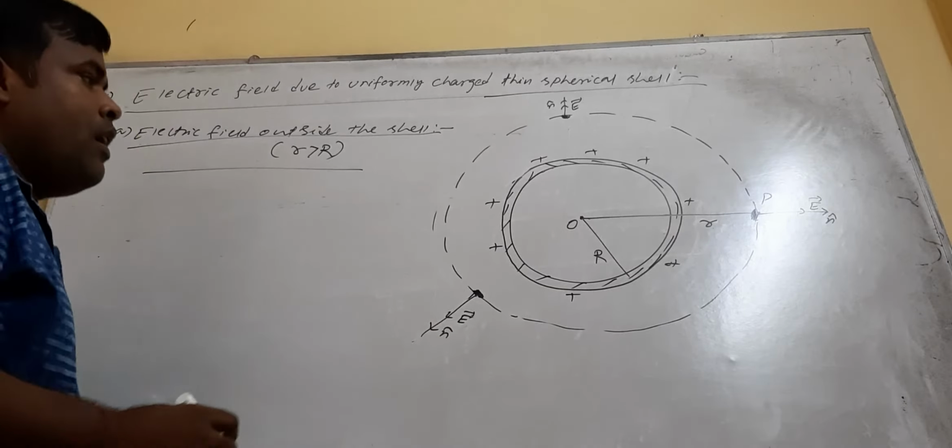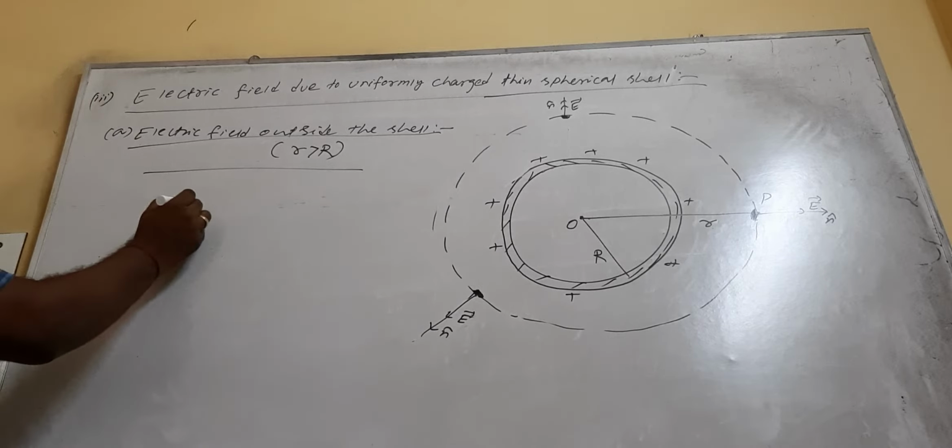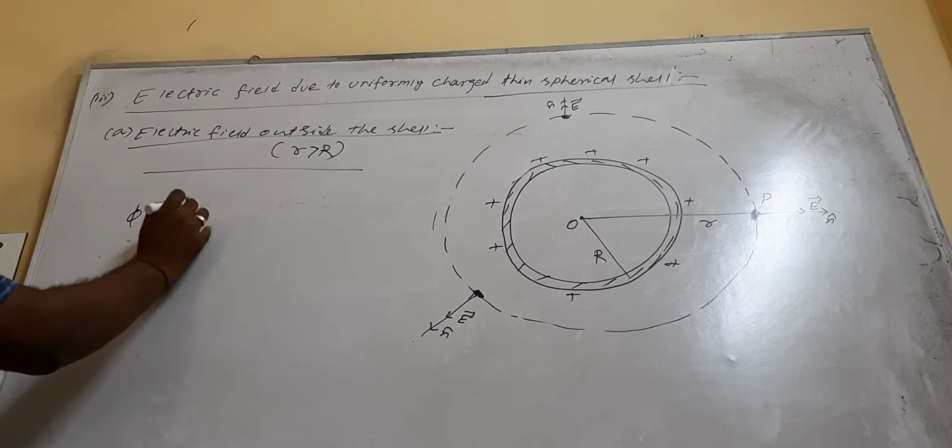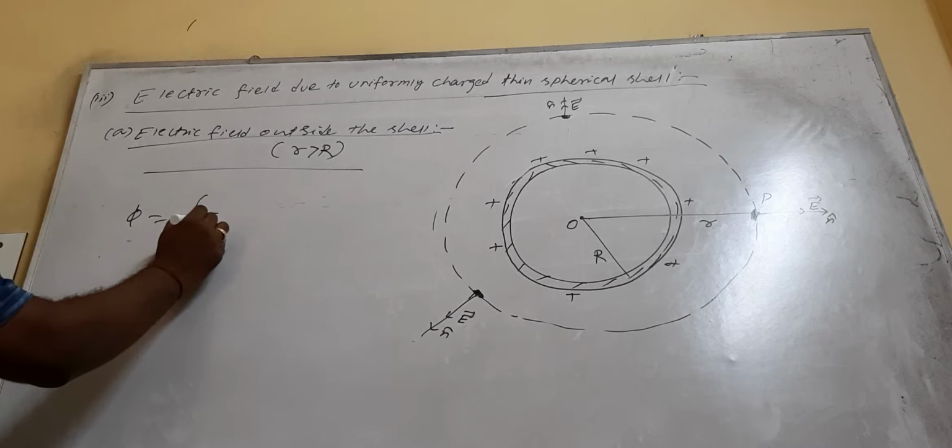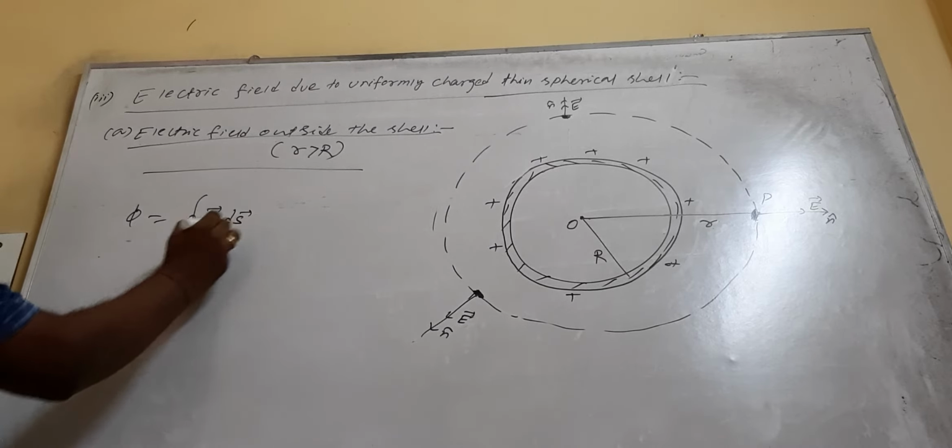So first find the electric flux by the surface integral, E vector dot dS vector.